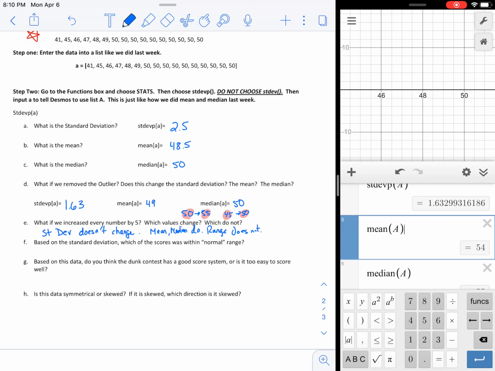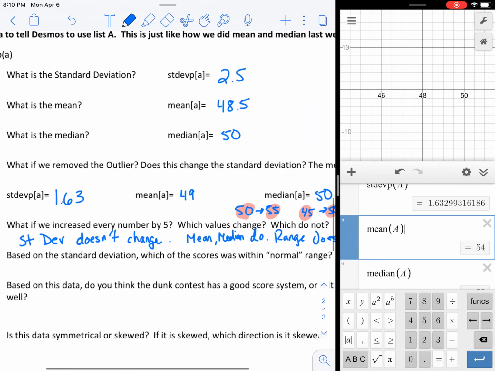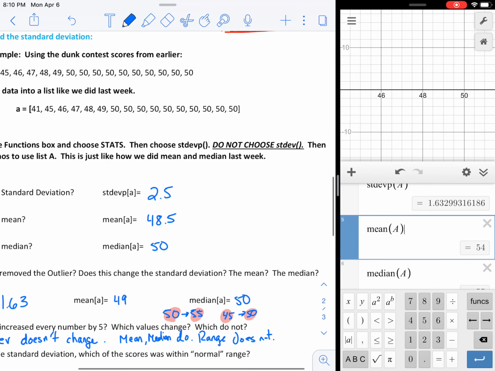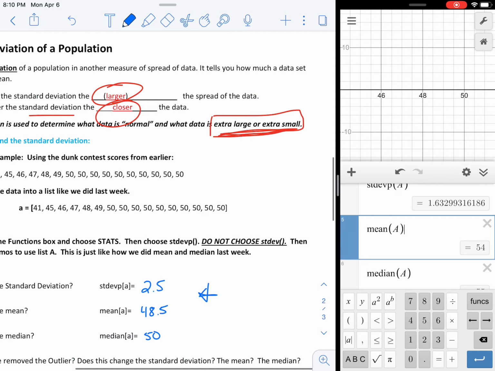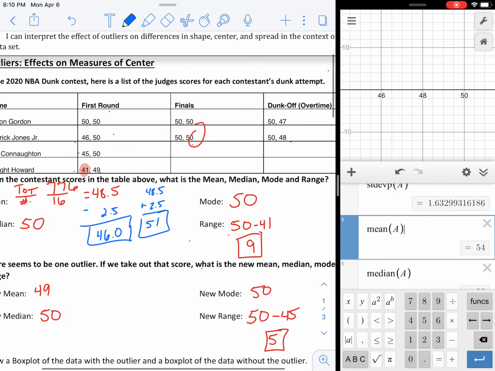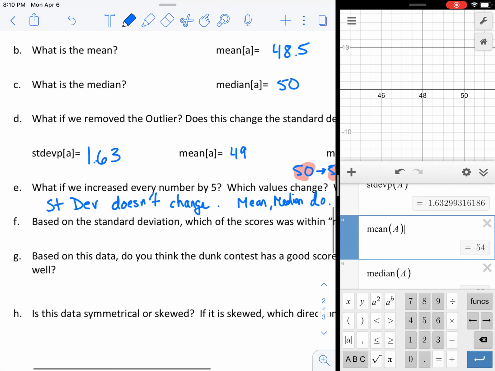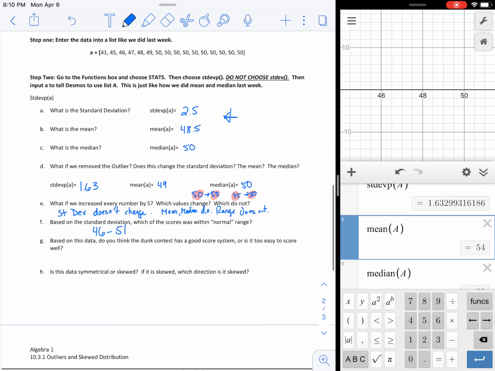Okay. Based on standard deviation, which scores were within the normal range? So the 1.63, or I'm sorry, the standard deviation up above. We actually already talked about this. If you look up top, we said what are the scores that don't change? 46 to 51. So any scores 46 to 51 are within normal range.